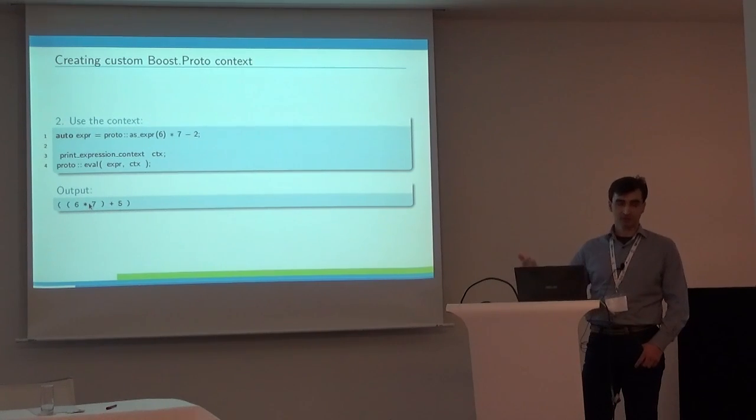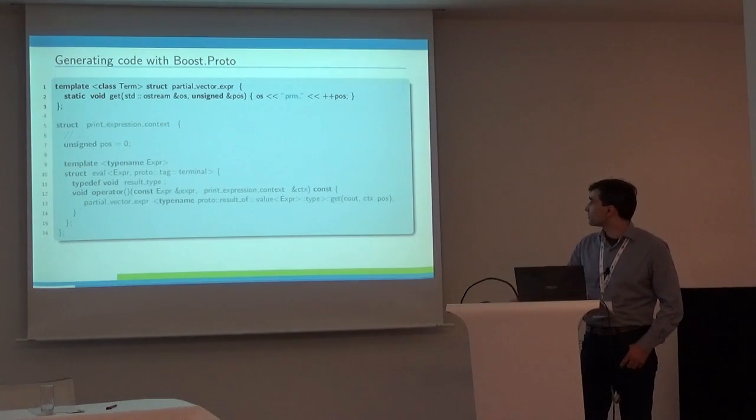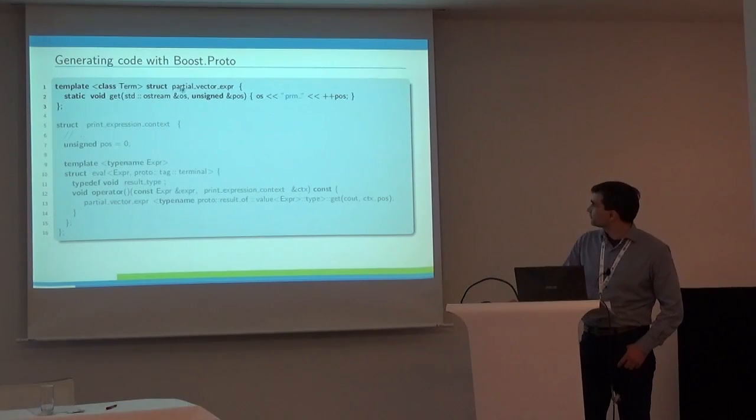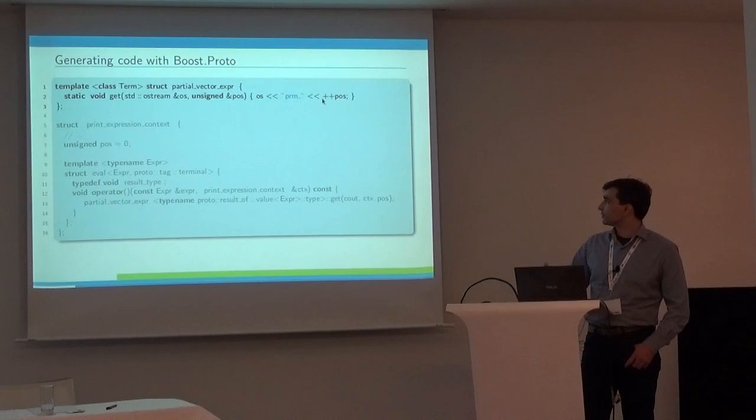So this is the same way the source code is generated in VexCL. And yeah, so for example, you create this global template, partial vector expression, and by default, it just outputs a parameter with a number to the output stream.